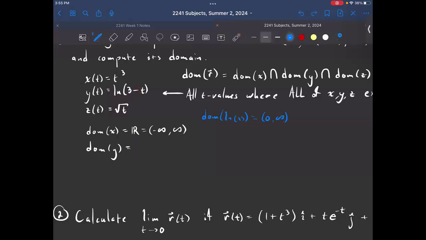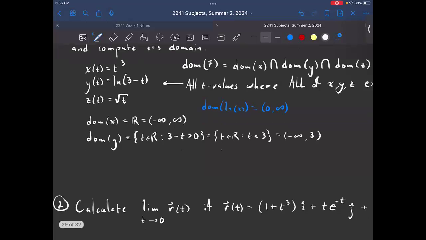So the domain here is all t values, set of all t in R, so that 3 minus t is greater than 0. Or set of all values t, so that t is less than 3. All right, we can write that as an interval. That's going to be minus infinity up to positive 3. And then the open bracket means not including 3.